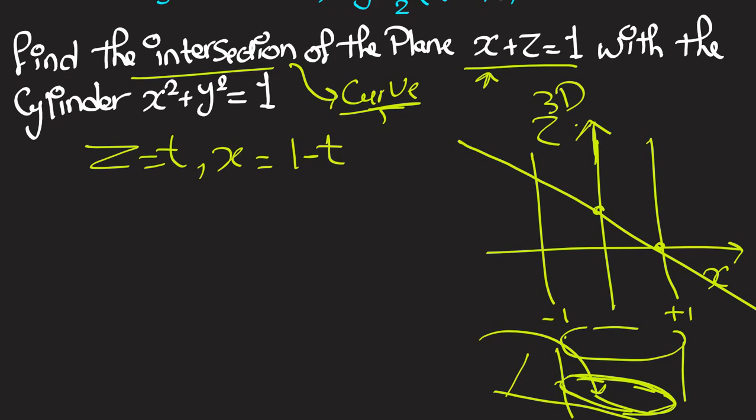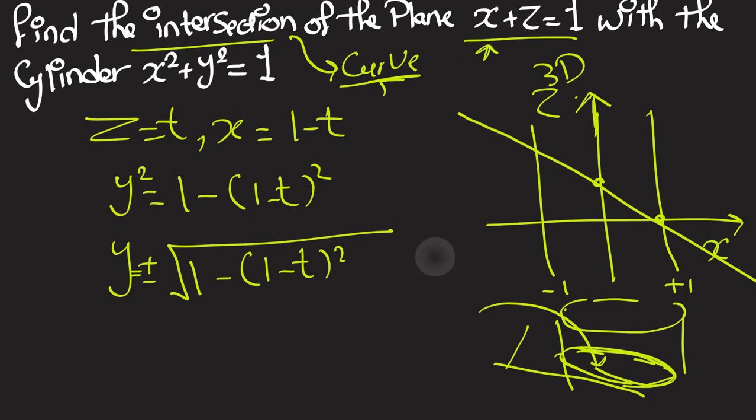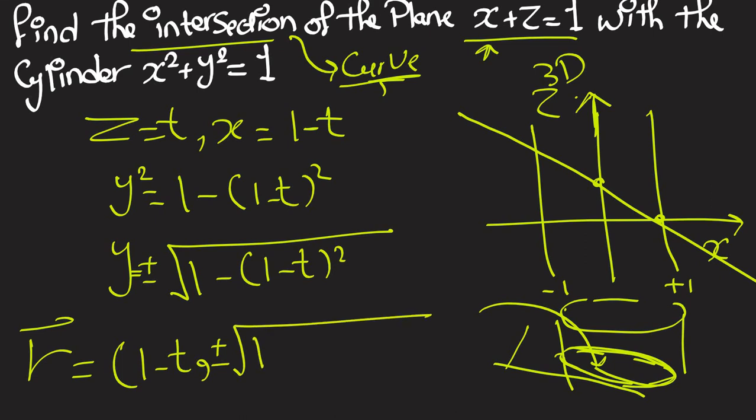Now I'm going to find y in terms of t, so y squared equals 1 minus (1 minus t) squared, so y equals positive or negative the square root of 1 minus (1 minus t) squared, and my vector function which expresses this ellipse is going to be 1 minus t, plus or minus the square root of 1 minus (1 minus t) squared, and t.